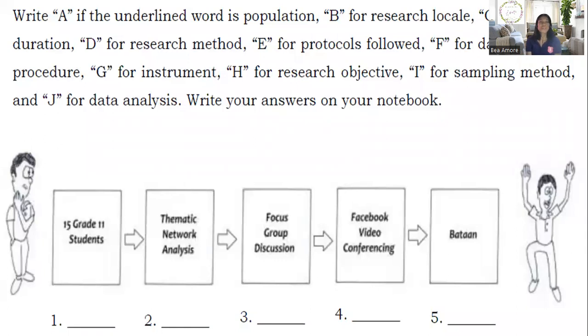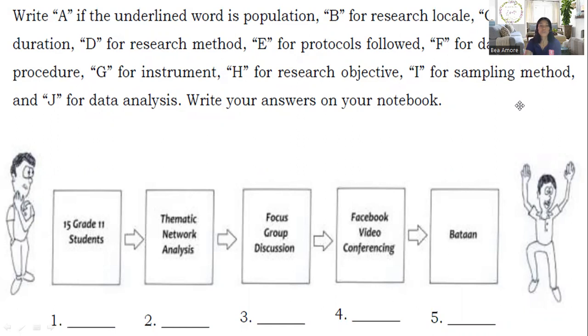Write A if the underlined word is population, B for the research locale, C for specific duration, D for research method, E for protocols followed, or F for data gathering and procedure, G for instrument, H for research objective, I for sampling method, and J for data analysis.